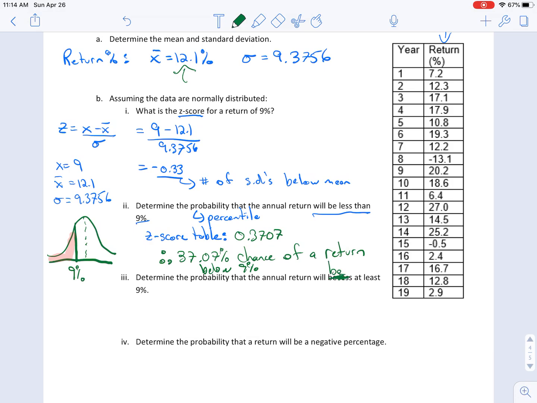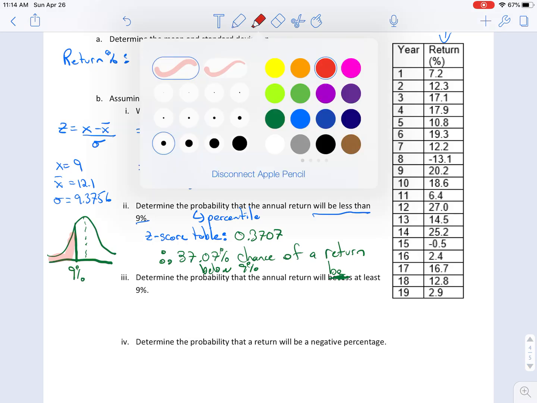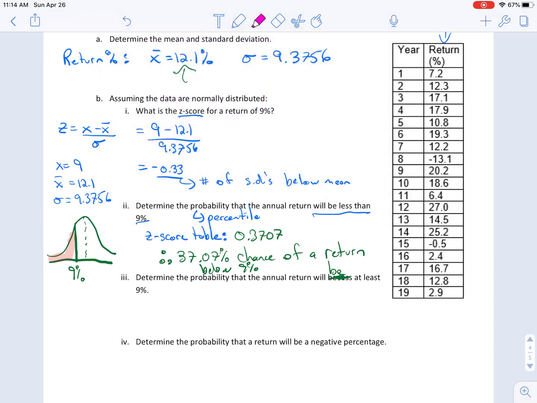So the next one says, determine the probability that the annual return will be at least 9%. In order to figure that out, what we want this time, and I'll just change colors, at least 9% means I want everything on the other side of that.